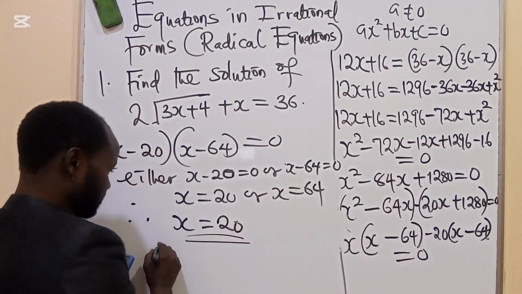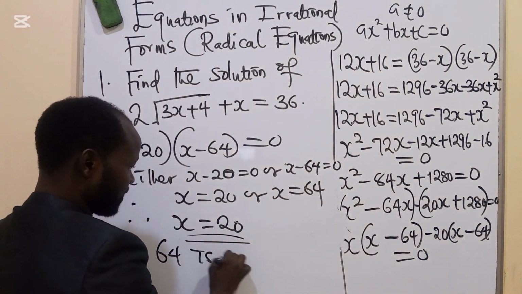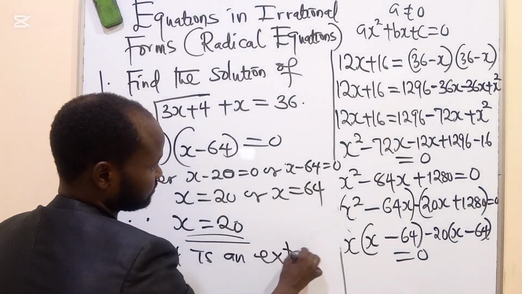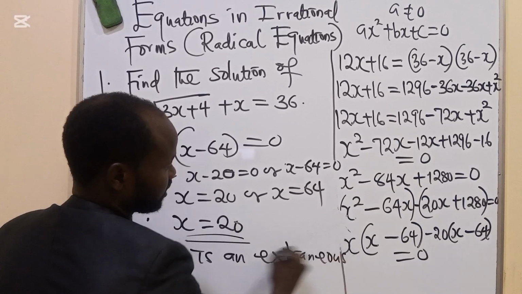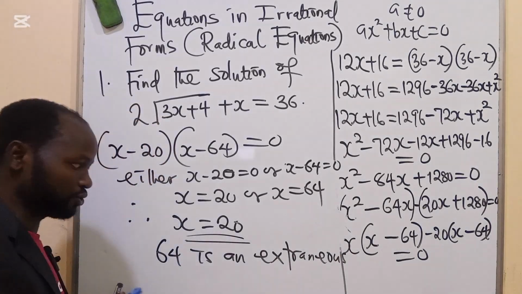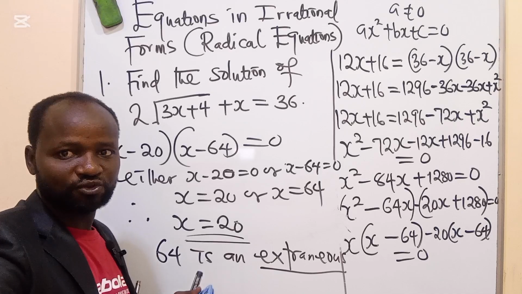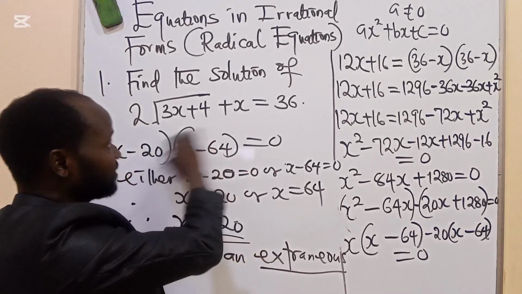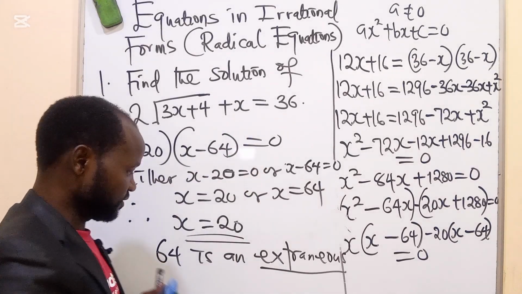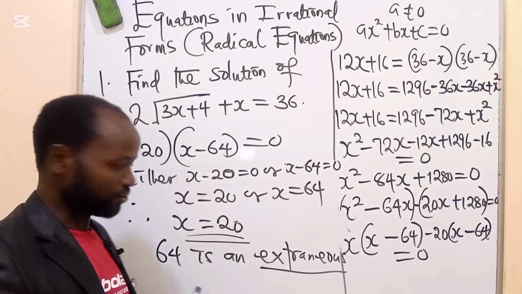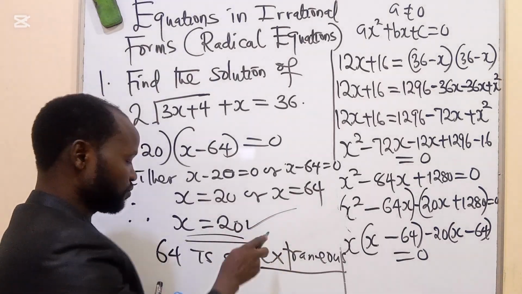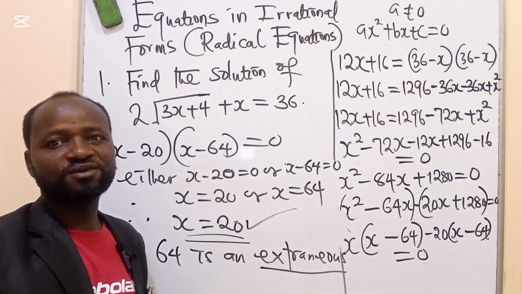Extraneous solution means it will not satisfy this equation. It's only x equals 20 that will satisfy this equation.